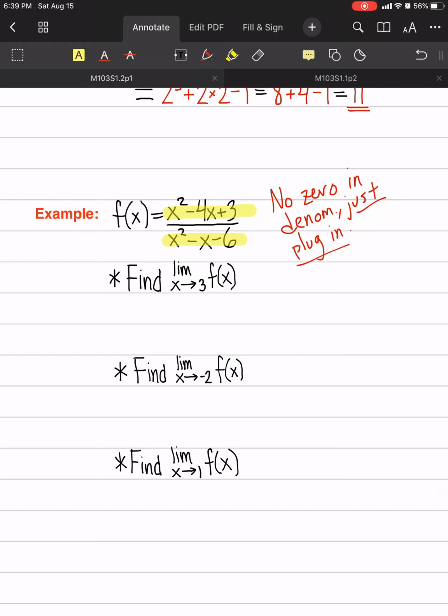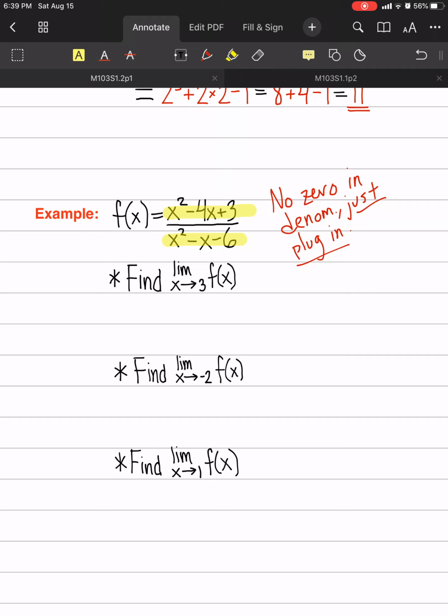There's no confusion about that. If you do have a 0 in the denominator, just plugging in won't work. You do sort of have to try plugging in at first to see, do I get a 0 in the bottom? If you do, then you have to deal with what's left.